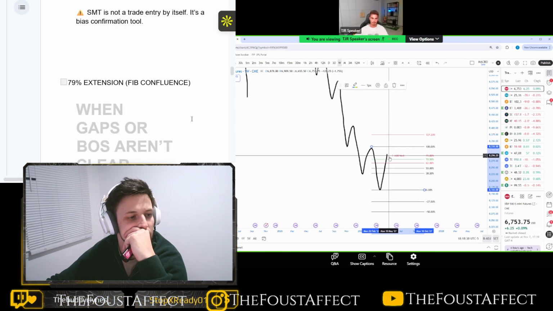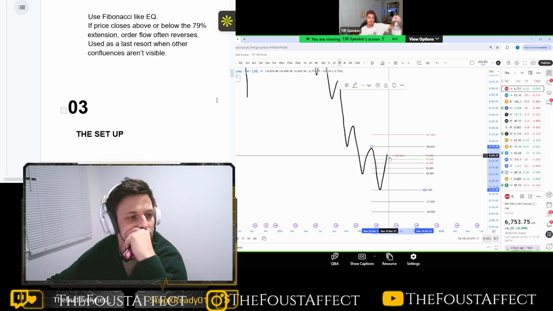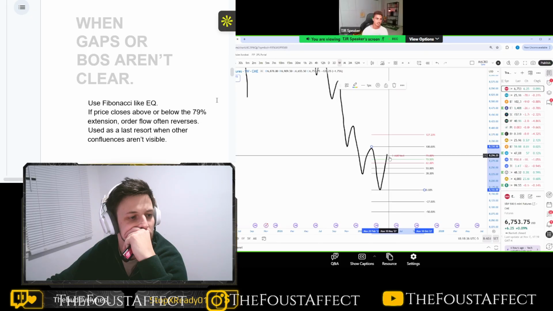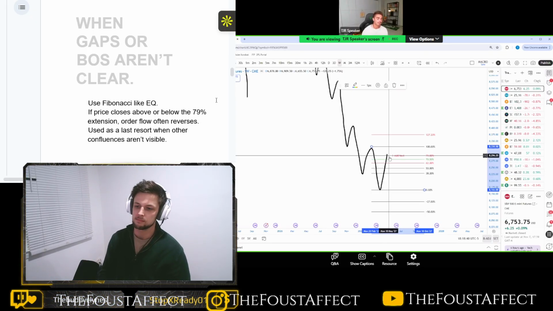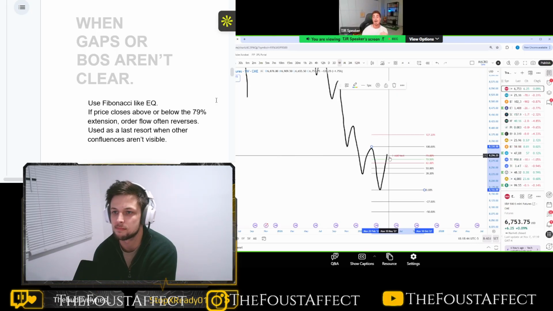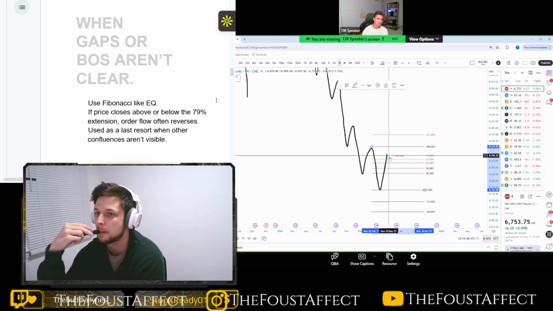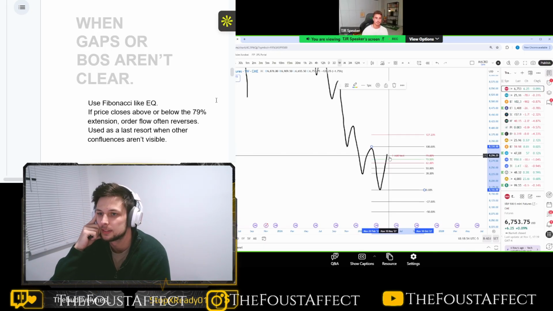Now, I would like to preface with this confluence here. I don't use this that often. I typically use break of structure and inverse fair value gap over this. This is like last resort.